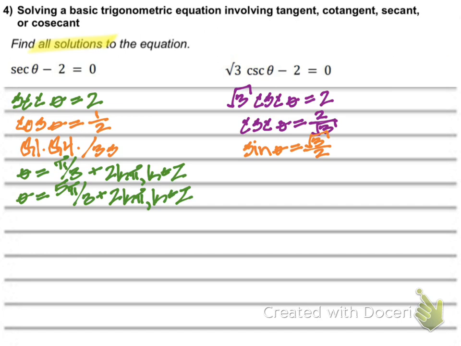Sine is positive on the top, right, where y is positive at quadrant 1 and quadrant 2. And my y is root 3 over 2 for my family of over 3s. So my over 3 in quadrant 1 is pi over 3.